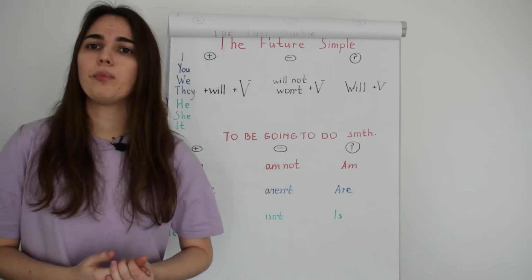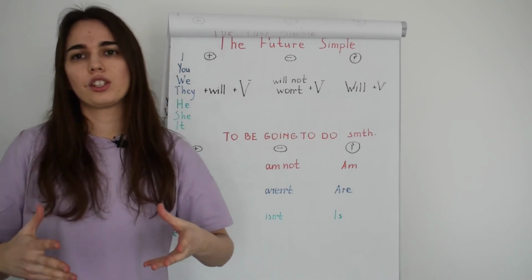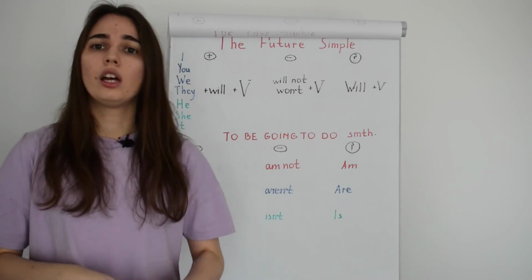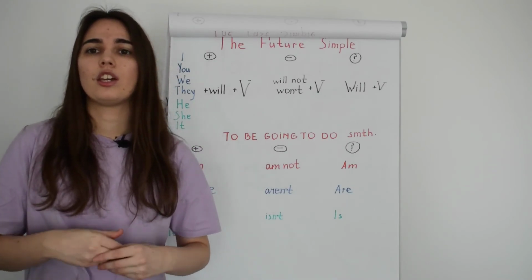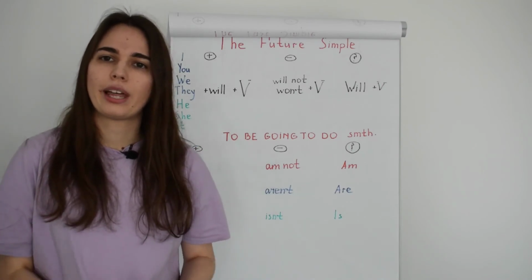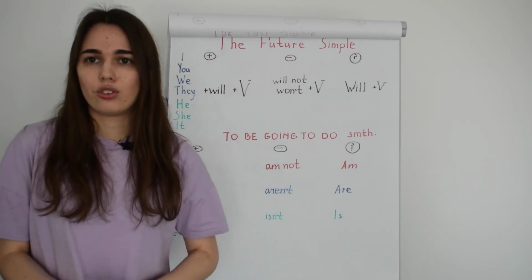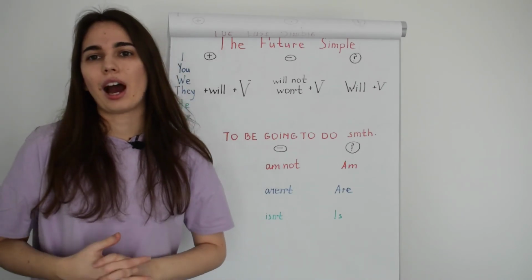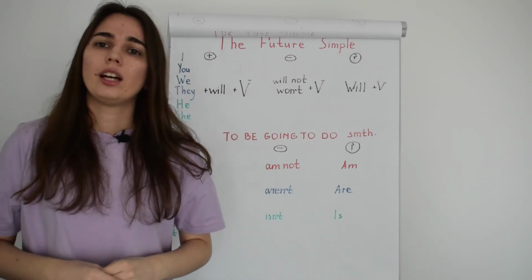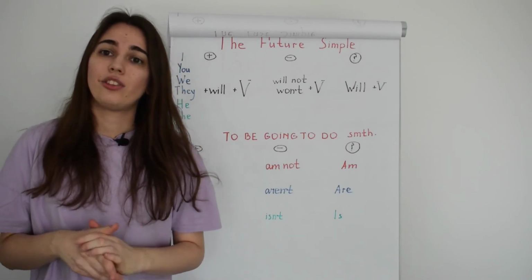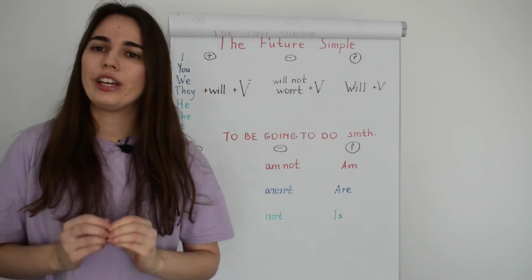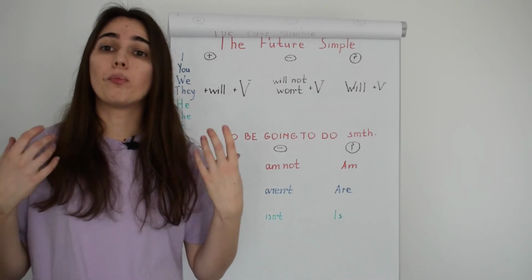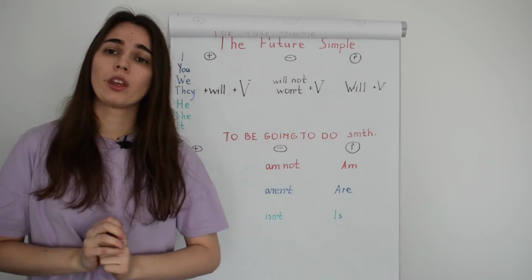Then the future simple, it's for things we decide to do on the spot. I will help you. And to be going to do something, it's when we talk about our plans, our intentions in the future. So I hope that I explained to you the differences and the formation of these tenses clearly, and you'll be able to use them more confidently.